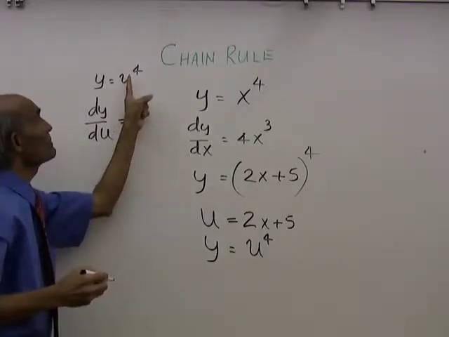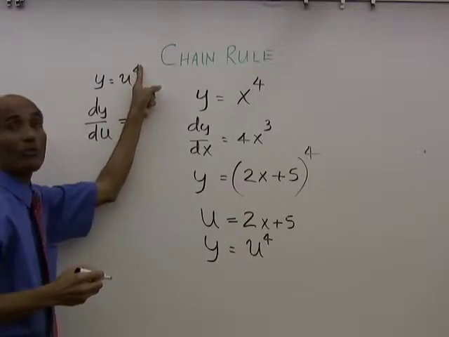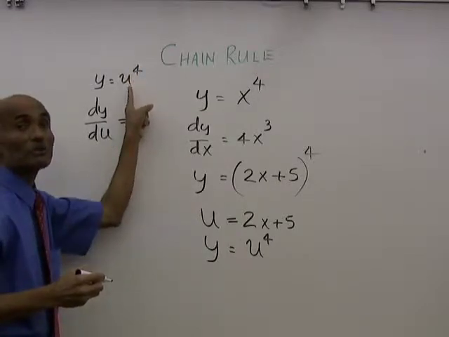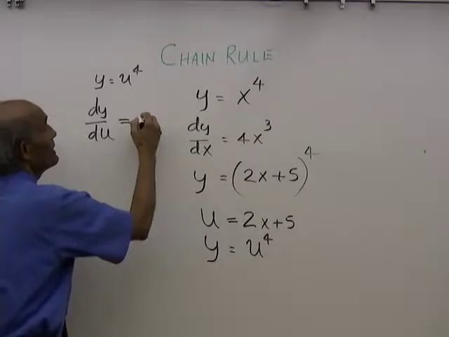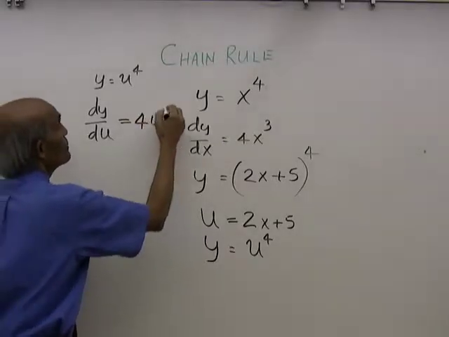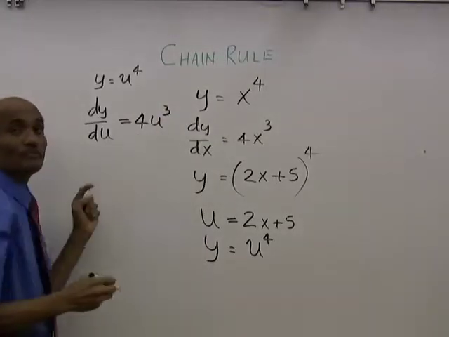What is the derivative of u to the power of 4 with respect to u? It will be 4u to the power of 3.